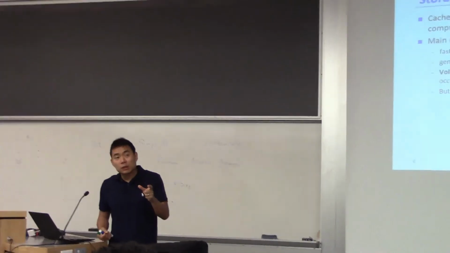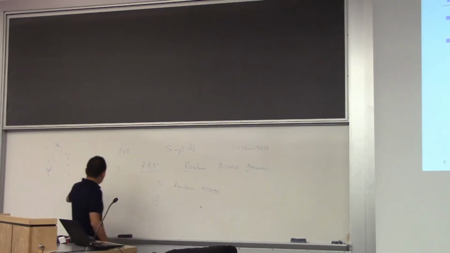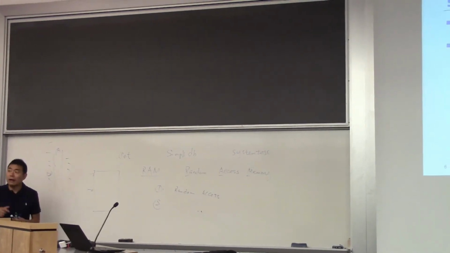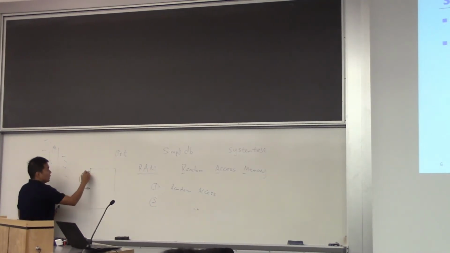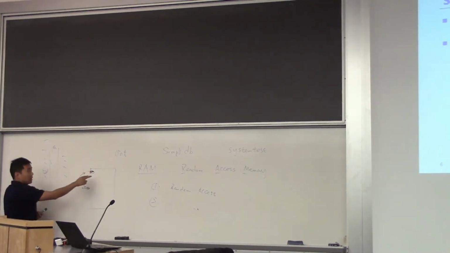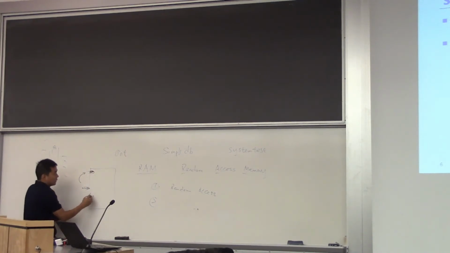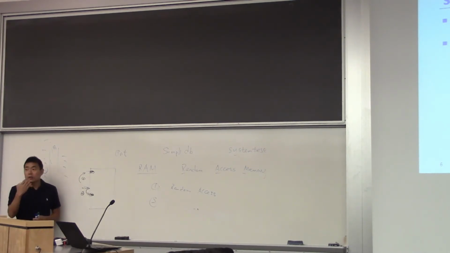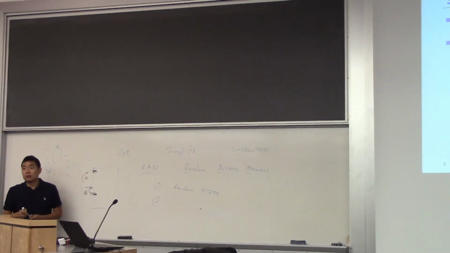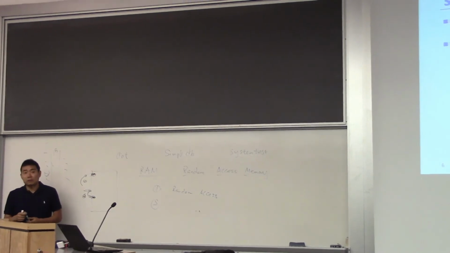In other words, no matter where you are at the moment, and no matter where you're going to access next, suppose currently you are here, and you try to access some number of bytes from here versus some number of bytes there, option 1 and option 2 will take roughly the same amount of time. It doesn't really matter where you try to go in your memory space. It's a constant cost.